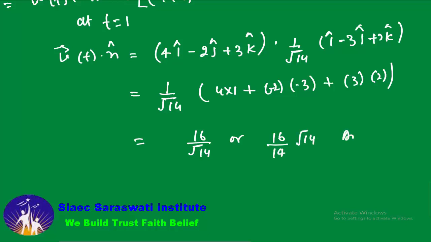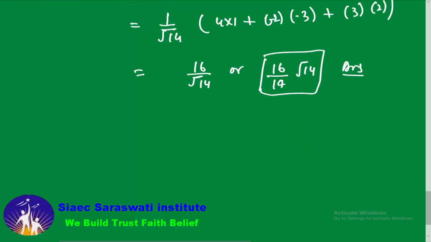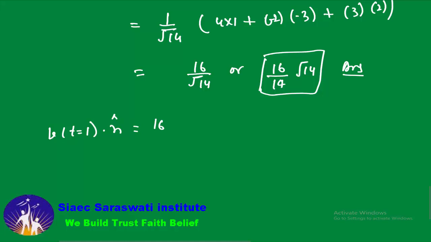So this is the component of velocity in the given direction. So velocity component v at t equal to 1 dot with the n cap is equal to 16 divided by 14 times root 14.